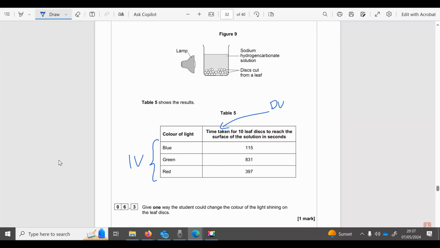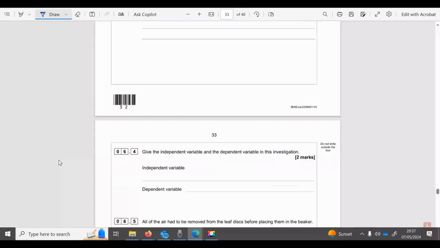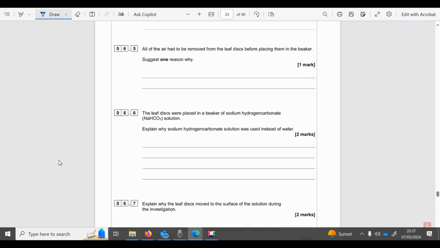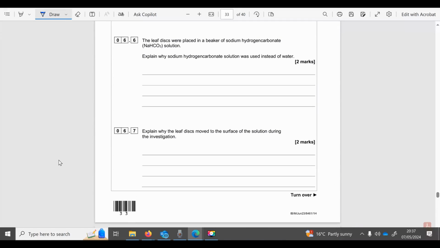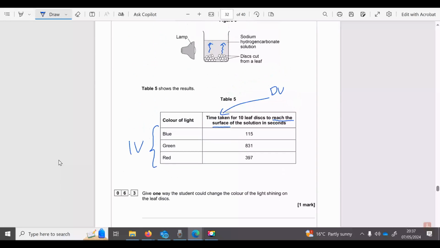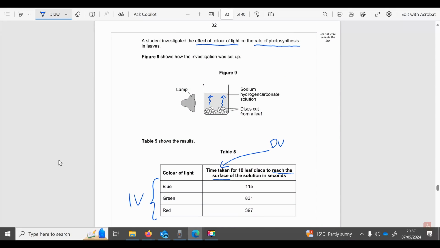Now it said reach the surface of the solution, so that means that these discs are actually going to rise up in this beaker of sodium hydrogen carbonate solution. But the question they want us to answer is, why did the discs move? Well, if they're leaves, they're supposed to be photosynthesizing.